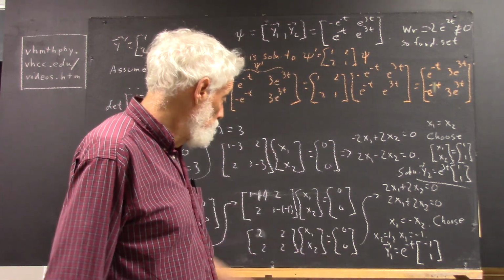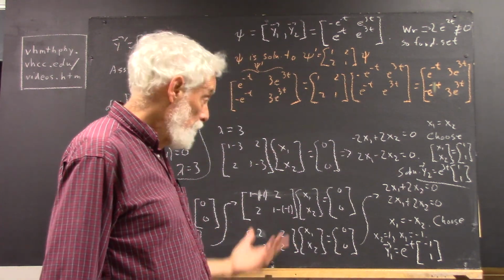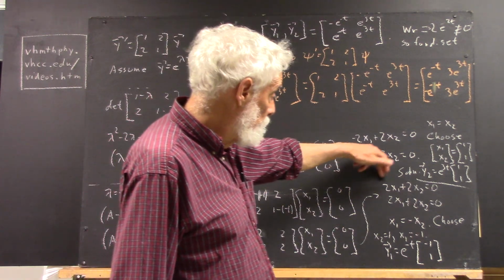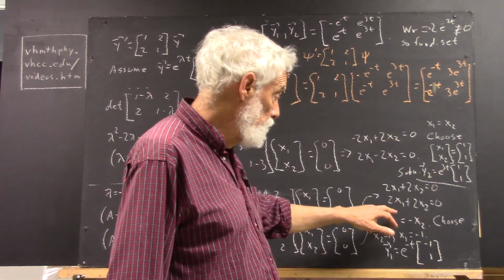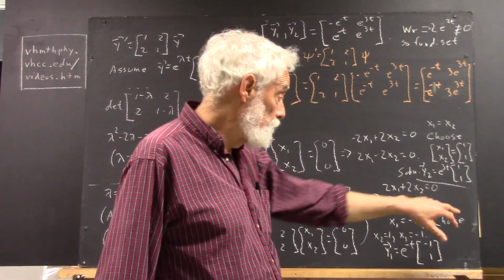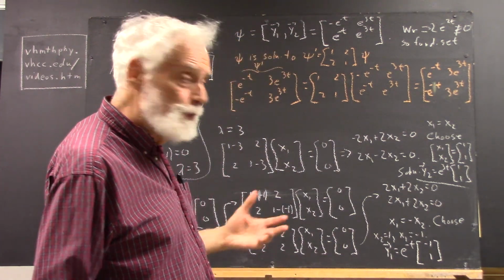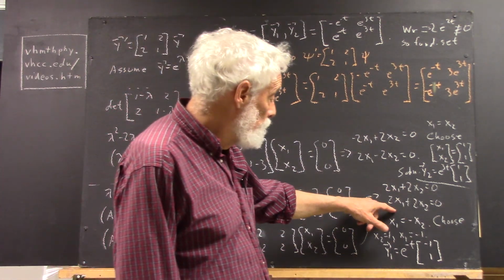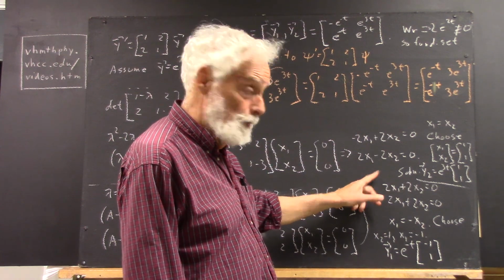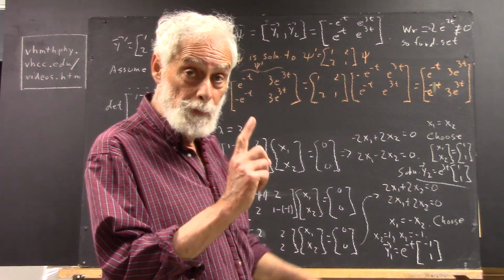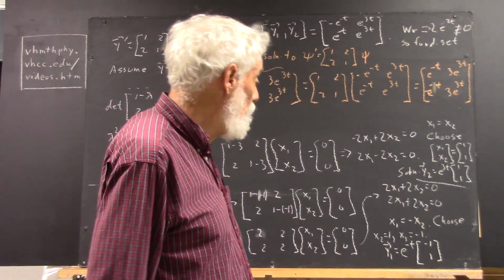So we have the matrix equation that you see here, and it just translates to the system 2x1 plus 2x2 equals 0, 2x1 plus 2x2 equals 0. As must happen, this equation is just a multiple of this one. Turns out it's really an easy multiple, a multiple of 1. It's the same equation.